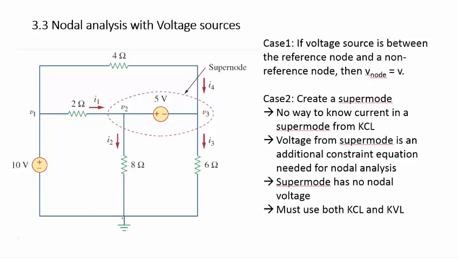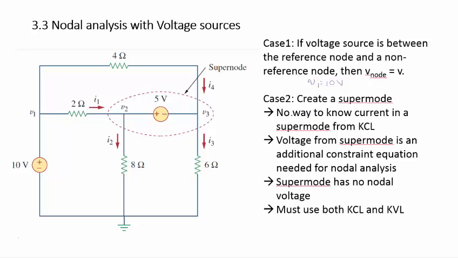So I have a reference node right here. That's my 0 volt place. This voltage source is connected between this node and the 0 reference place. Therefore, the voltage here is 10 volts. You could just think of it as I'm at 0 here, I rise up 10 volts, and therefore V1 equals 10 volts. So that's case 1.